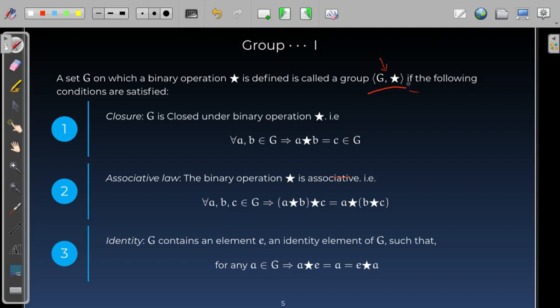This doublet is called a group if it satisfies certain axioms. The very first axiom that it has to satisfy is closure.